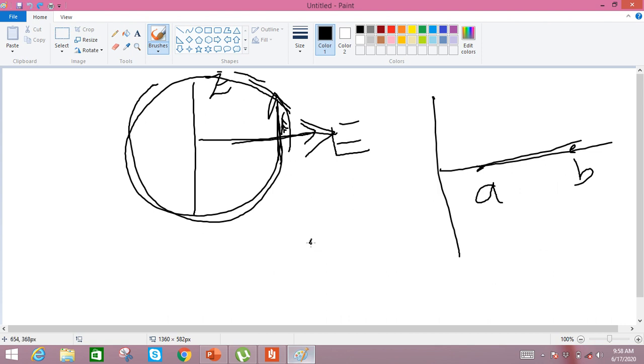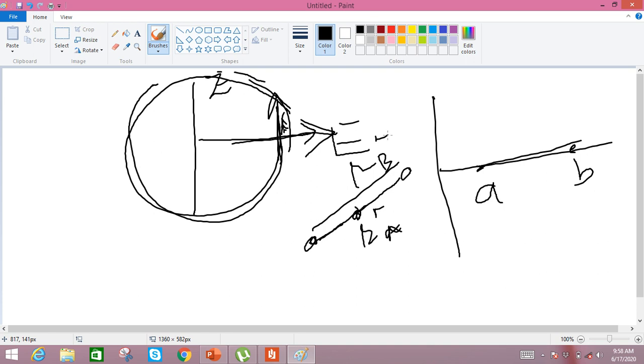Let's suppose we have a point charge that is placed at the origin, and let's suppose this radial distance is RA and this distance is RB.